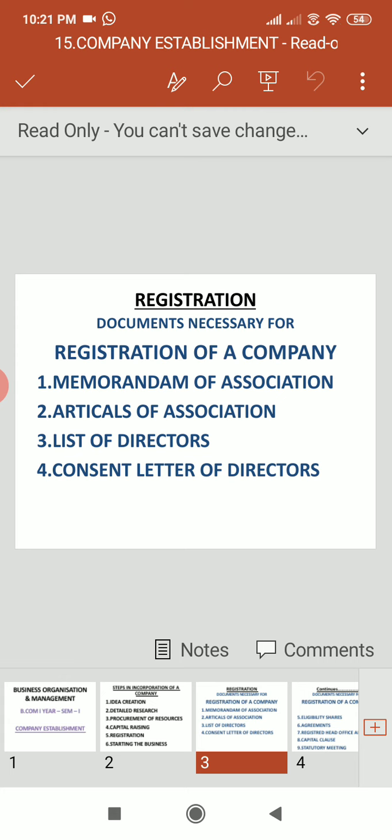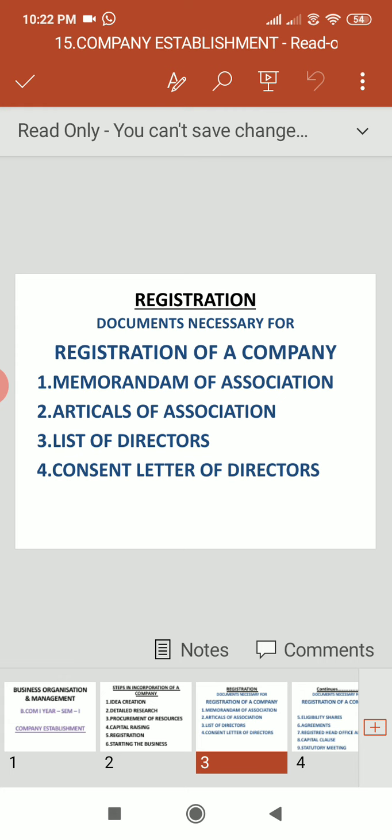Articles of Association is a document of a company which discusses the inner management or routine management of the company. The list of directors who are going to act as directors, their eligibility, their experience, their address, and so on, their details should be submitted to the registrar.